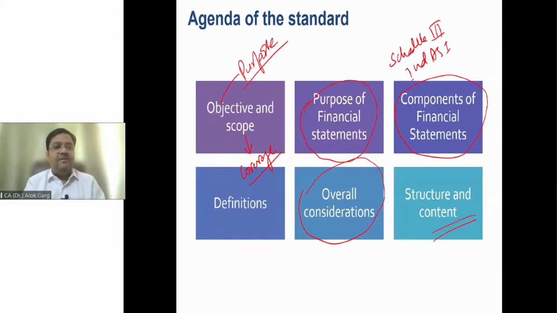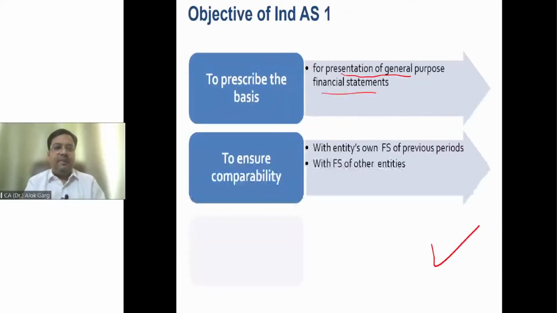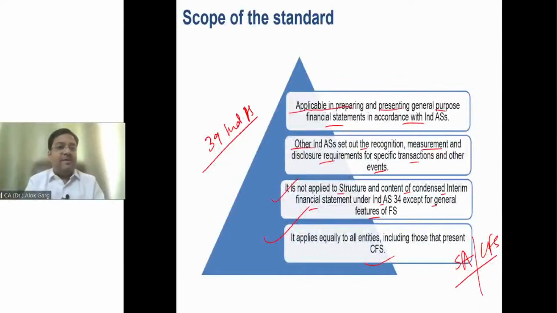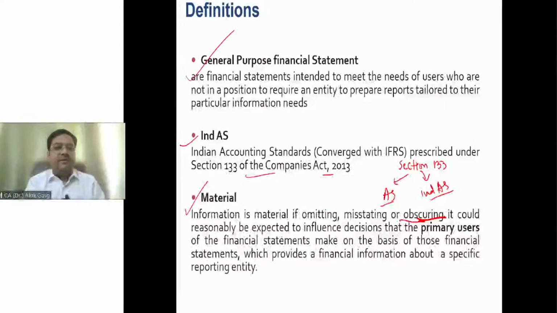Then some definitions we discussed yesterday. Then we are going to discuss overall considerations and the structure and content of the financial statement. The objective and the scope of the standard we have discussed, the definition of general purpose financial statement, and Indian accounting standard materiality.